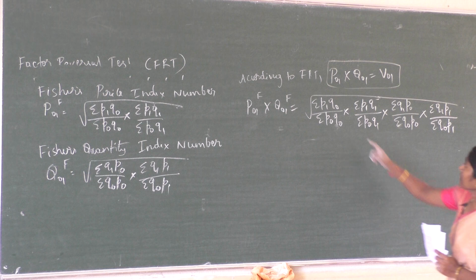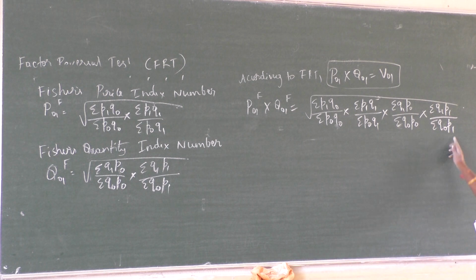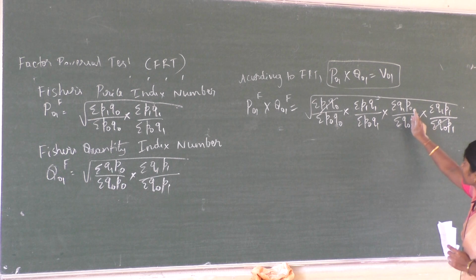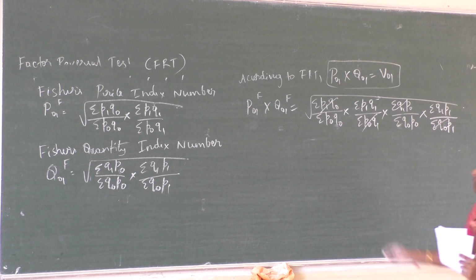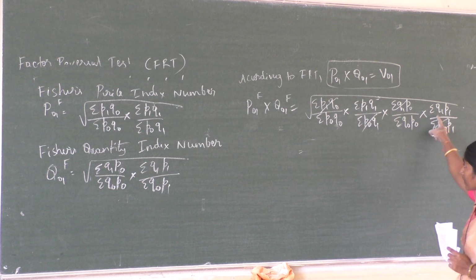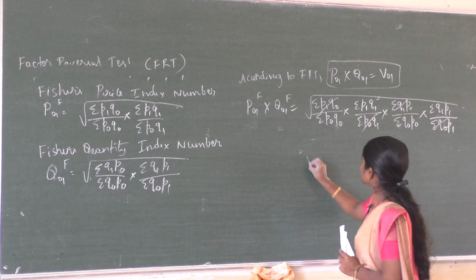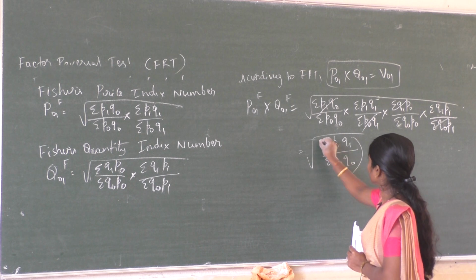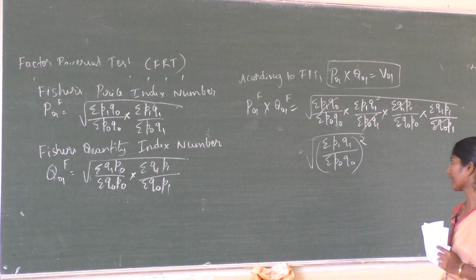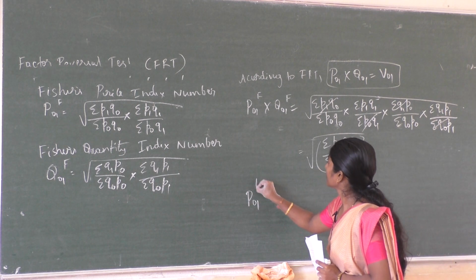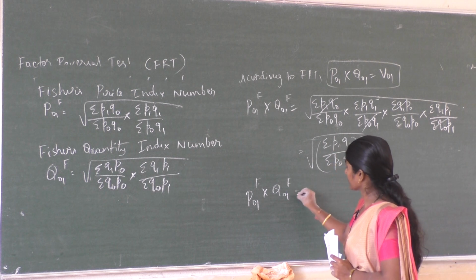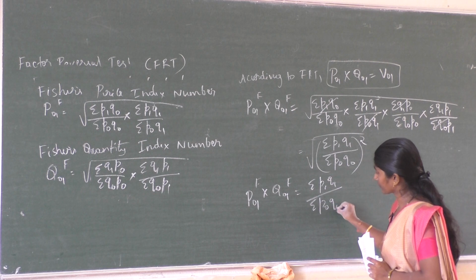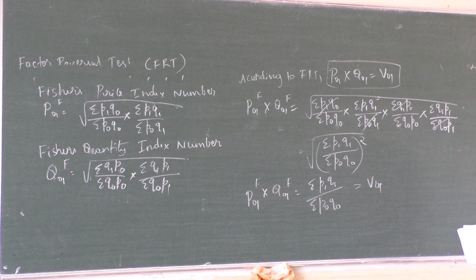Now P1 Q0, P1 Q0 cancels. Another one, P0 Q1, P0 Q1, these two cancel. Here the square of this one and the square of this one, square root and here square. What is our answer? Our answer is P1 Q1 divided by P0 Q0, that is the value index number.